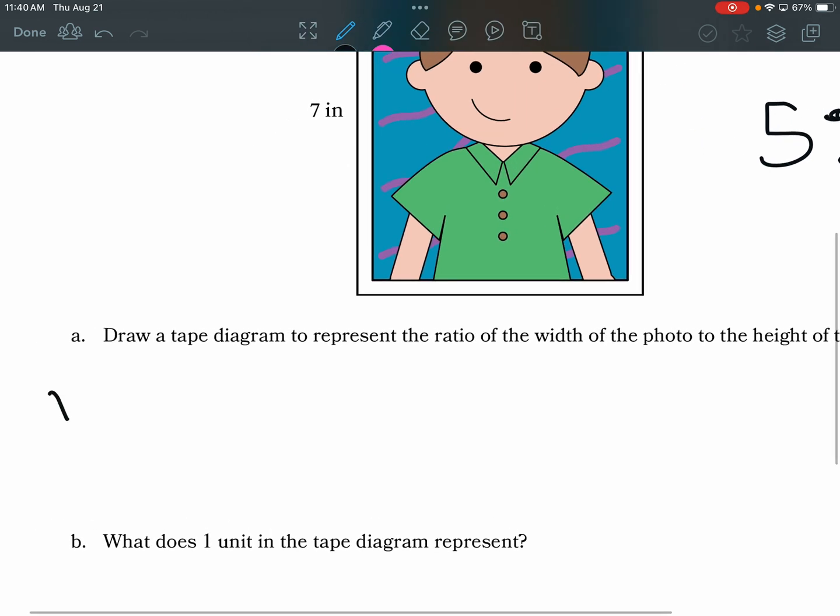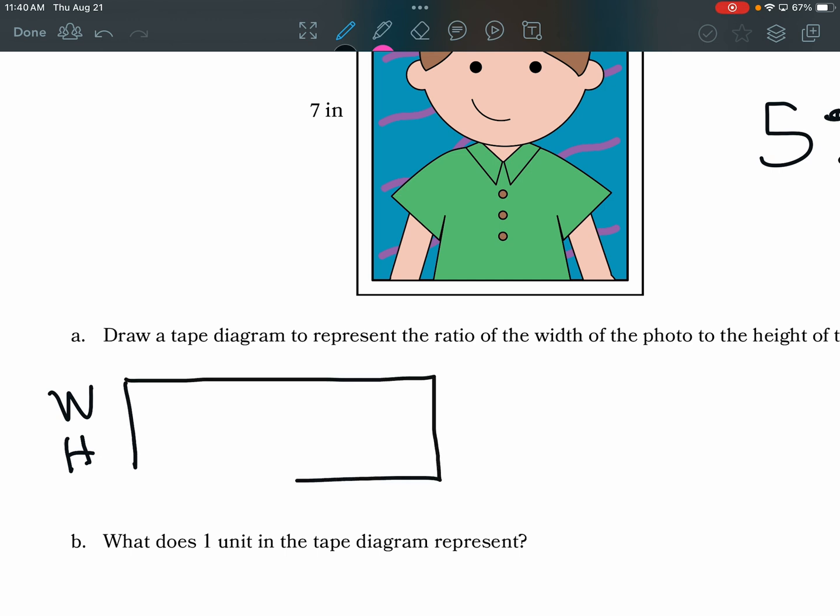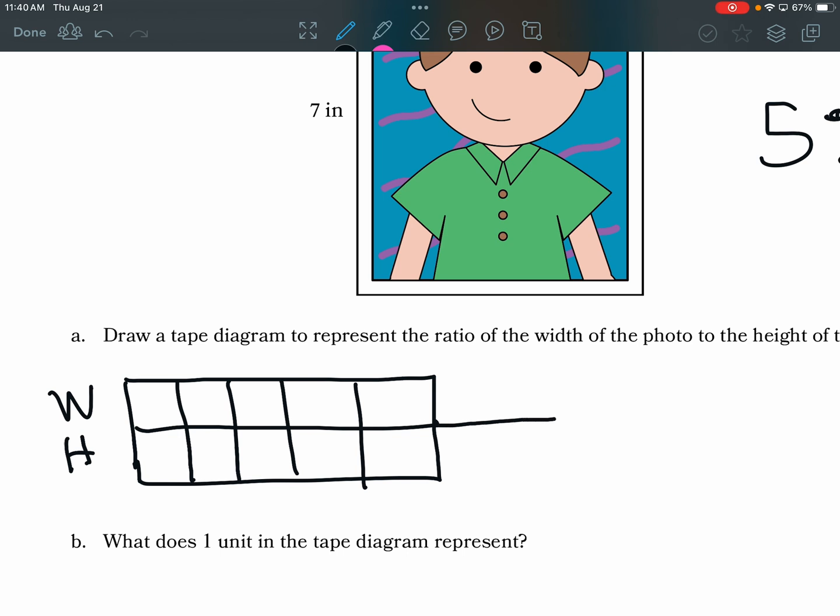So I'm going to do width and I'm going to do height. And that big box is going to be cut in half. And I got to break it into 5. Pretty close. Then I got to get 2 more down here at the bottom.